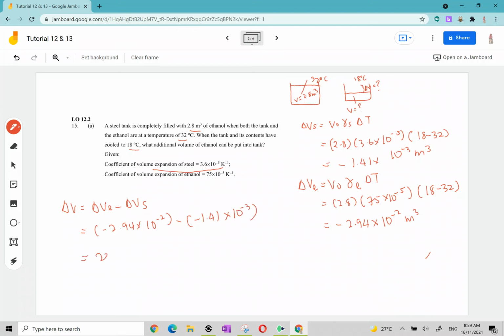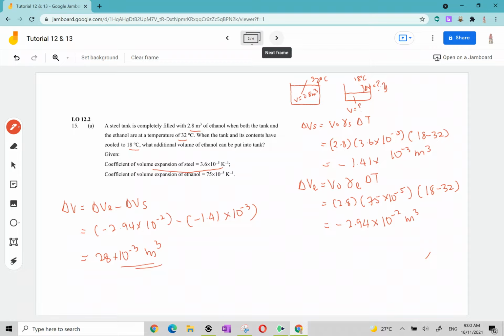So 28 power of negative 3 meter cube. So inilah nilai yang di sini, iaitu dia boleh memuatkan lagi sebab tadi ethanol tu dah mengecut, so jadi dia dah turun sikit nilai dia. So pada suhu 18 darjah Celsius ethanol yang boleh ditambah untuk penuhkan steel tank tu adalah 28 darab 10 kuasa negatif 3 meter cube.